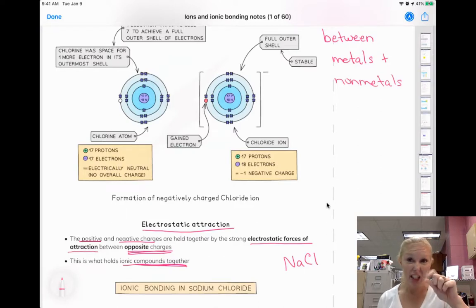It's not easy to crush. It's very hard, and that's typical of ionic substances. Those ionic bonds are so strong that they hold the particles together in what we call an ionic lattice, meaning you have opposite charges, one after the other, alternating in a regular pattern, over and over.